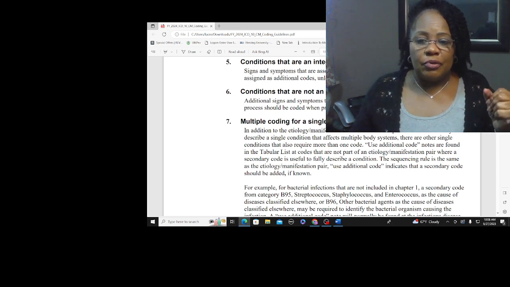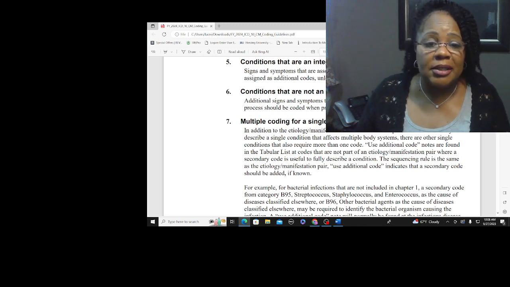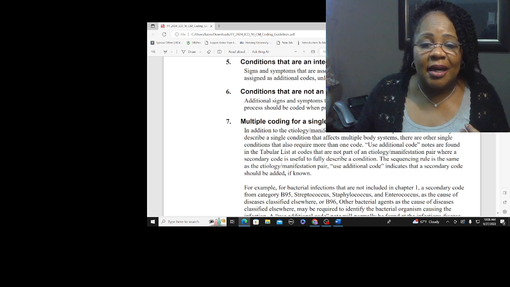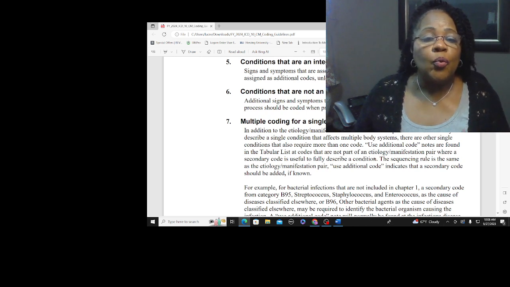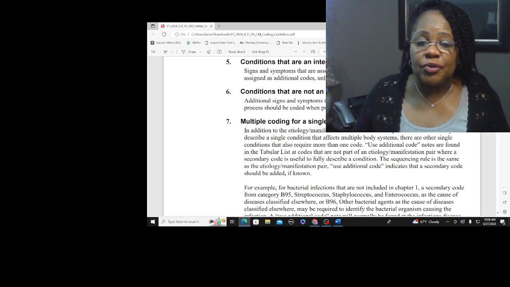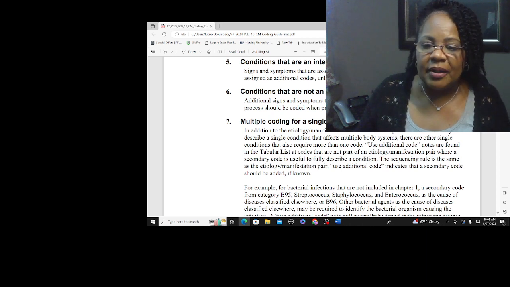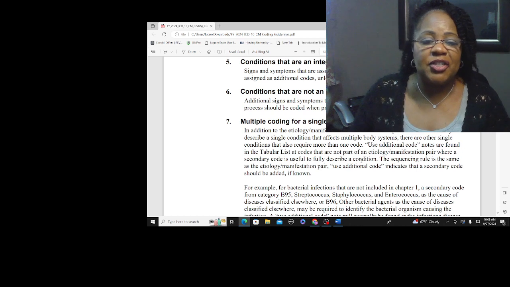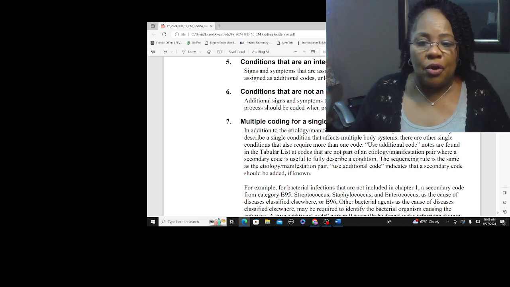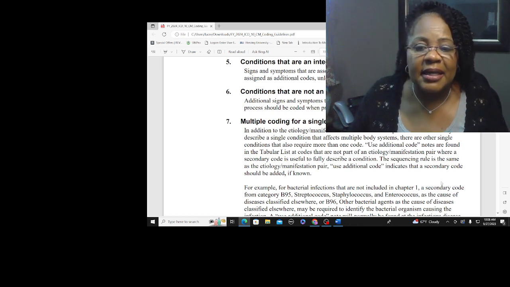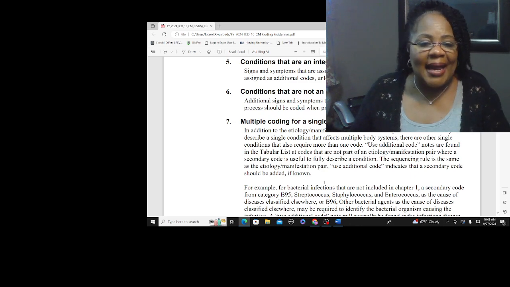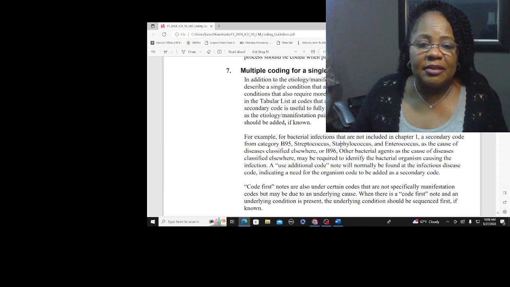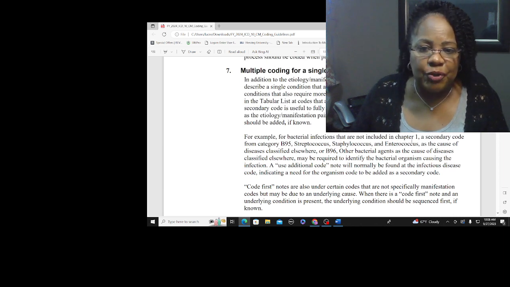Use additional code notes are usually found in your tabular list at codes that are not a part of an etiology or manifestation pair, where a secondary code is useful to fully describe a condition. The sequencing rule is the same as the etiology manifestation pair. Use additional code indicates that a secondary code should be added if known. And they gave you an example here. Bacterial infections that are not included in Chapter 1.